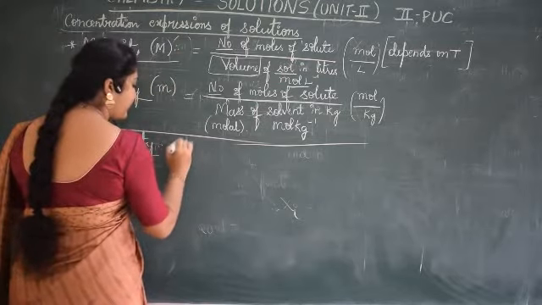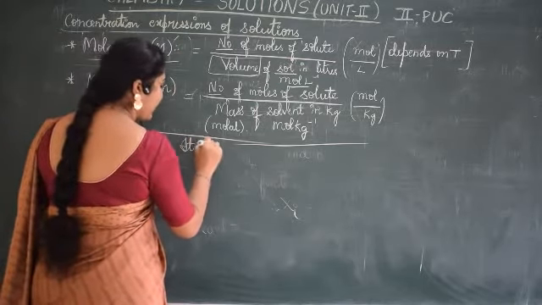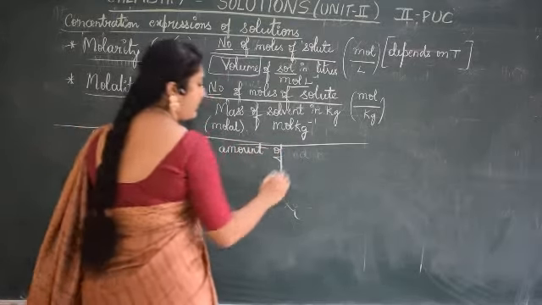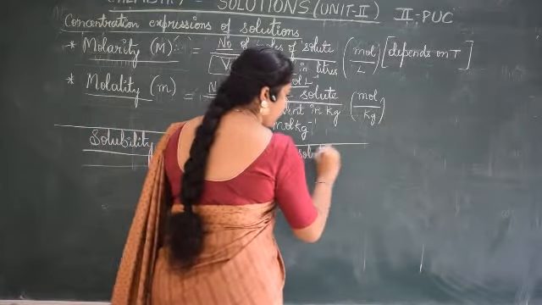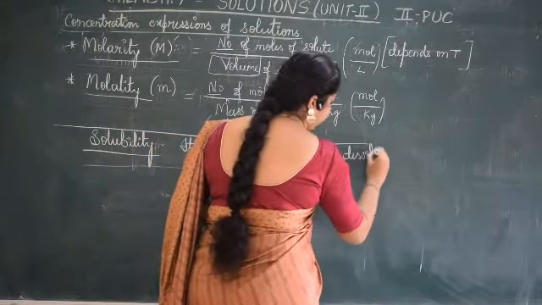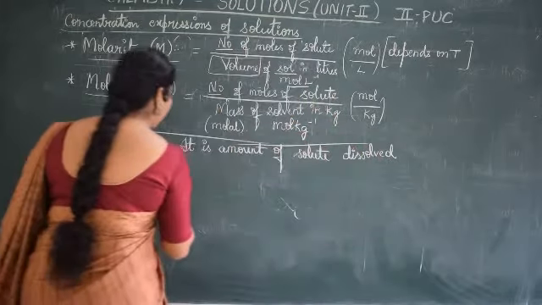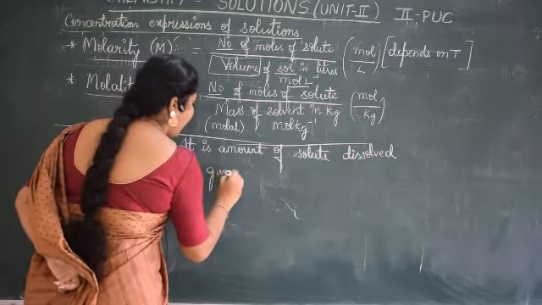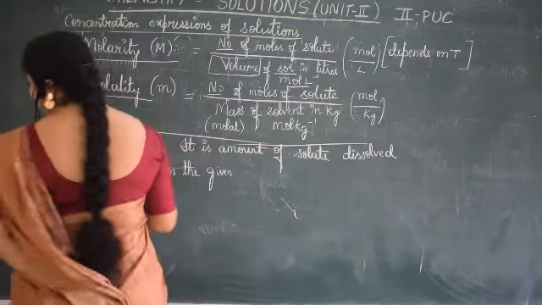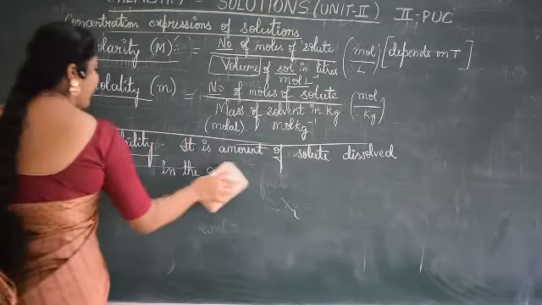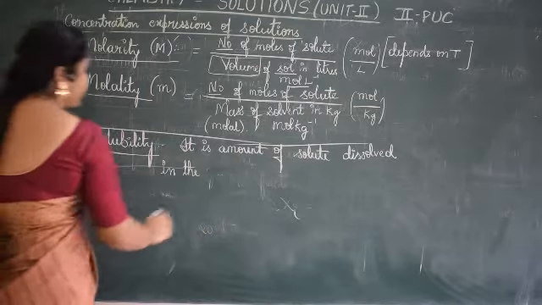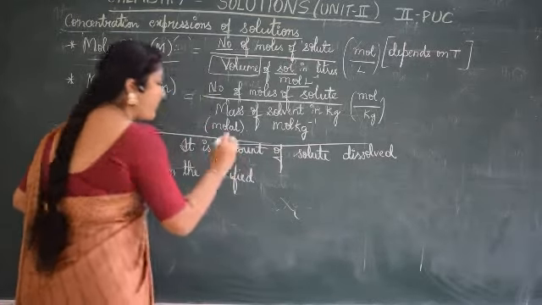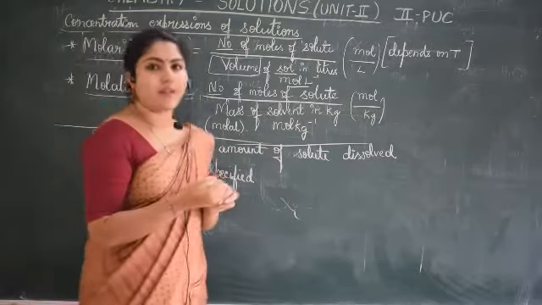Solubility is the amount of solute dissolved in the specified amount of solvent. Why do we say specified? Because you know how much solvent you are taking.